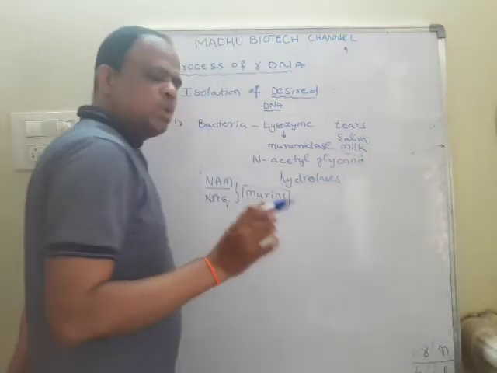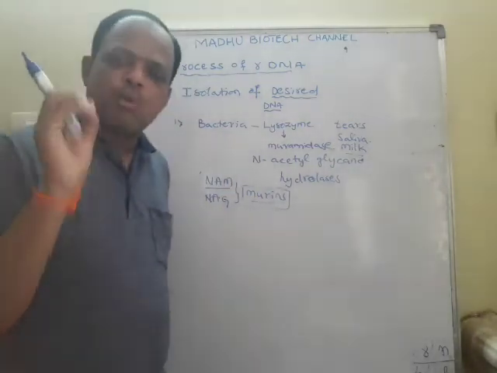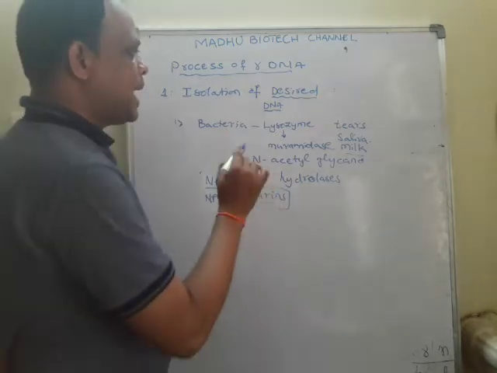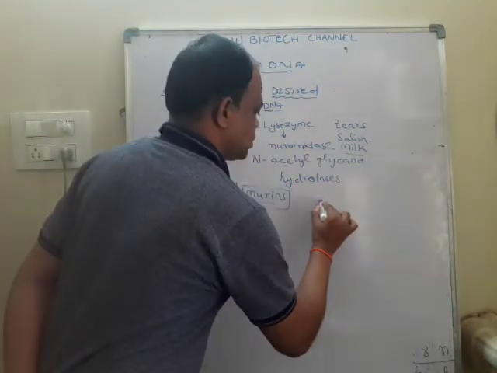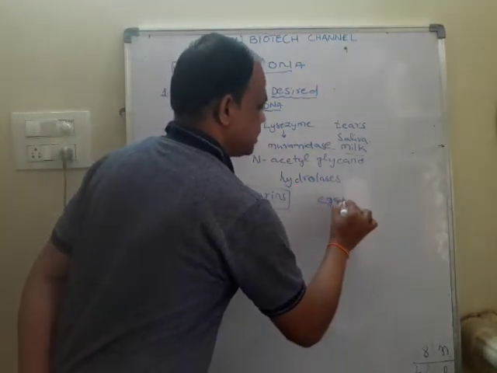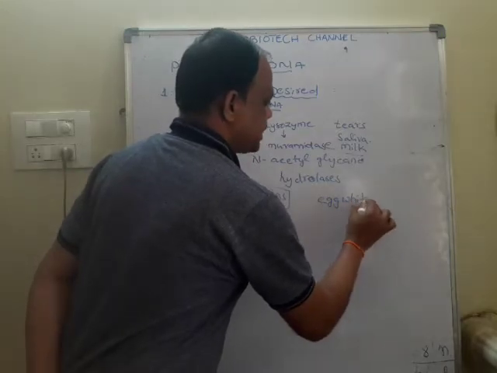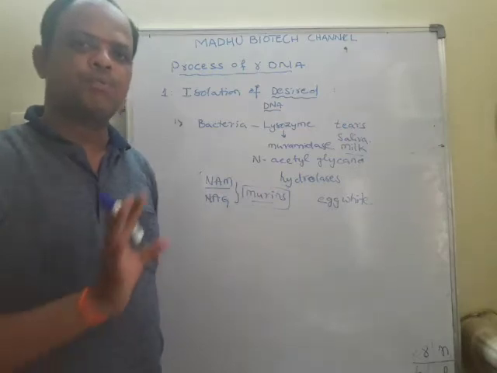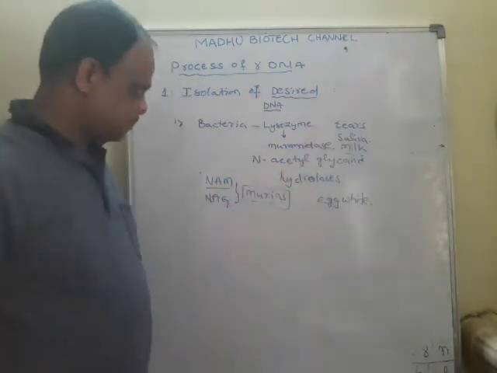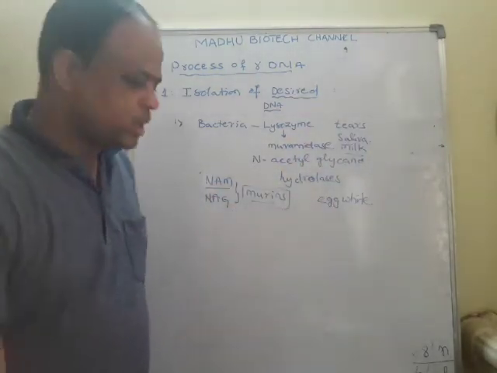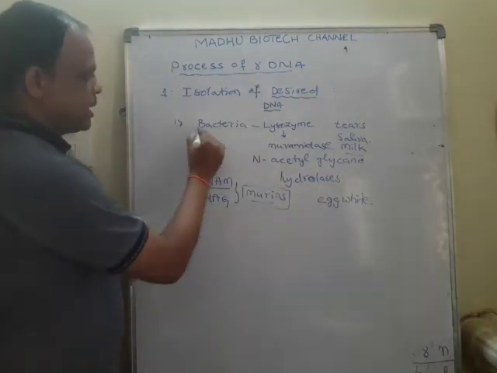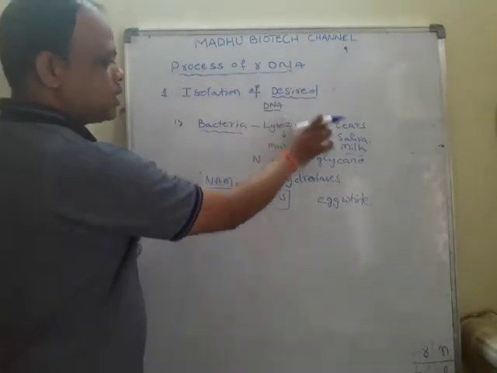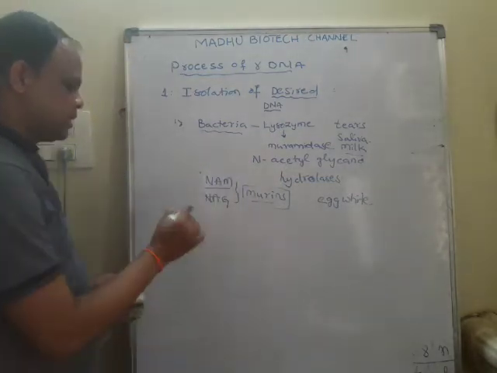The largest amount of lysozyme enzyme is found in egg white. Egg white contains a large amount of lysozyme. So this is the first cell type, bacteria, when isolating the desired DNA, and we use this type of enzyme.